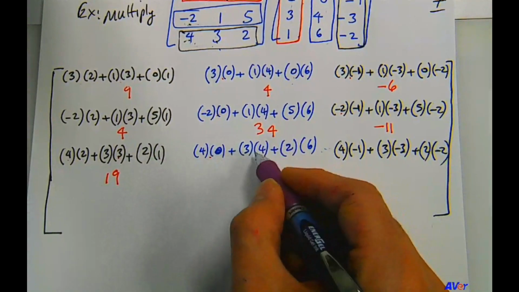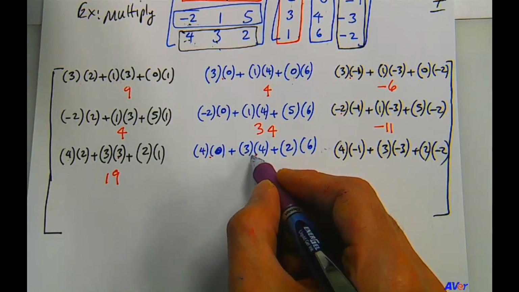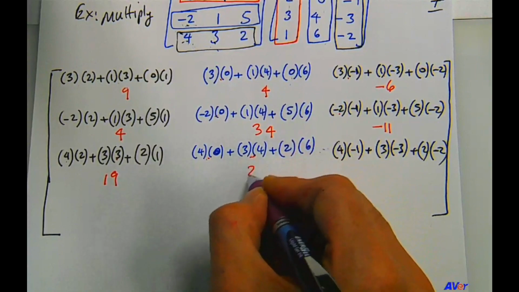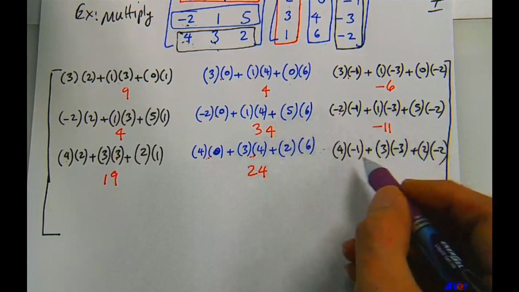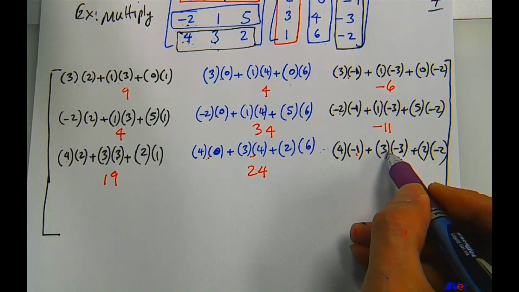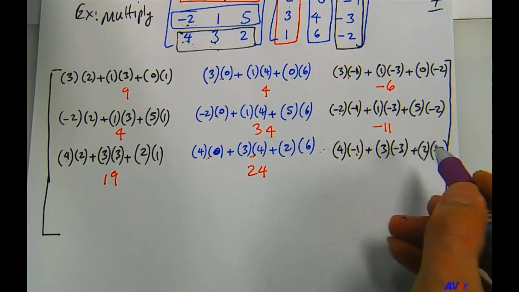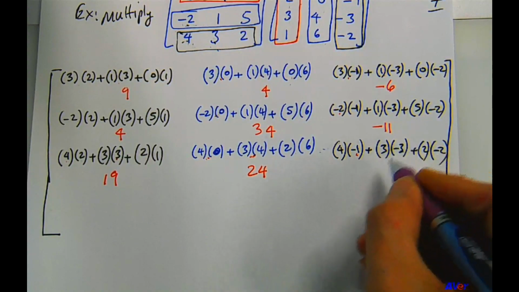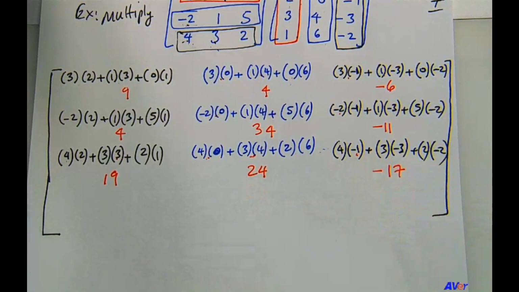That's 0 plus 3 times 4 is 12. That's 12 plus 0 is 12. Plus another 12 from these two, we get 24. Finally, we have negative 4 minus 9. That's negative 13. Minus 4 and minus 13, it's minus 17.